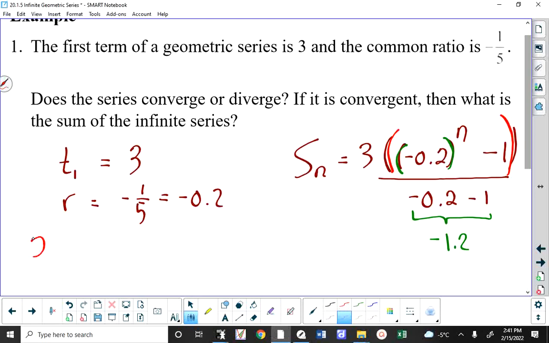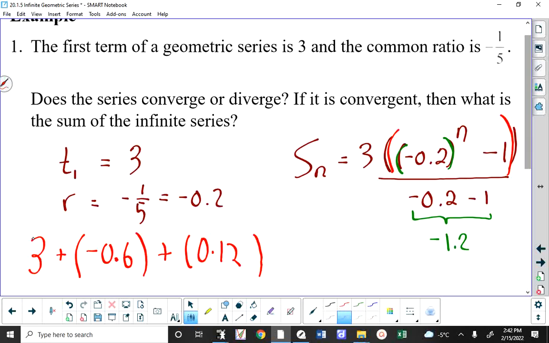And before I go on, maybe we could just check something out here. The first term is 3. The second term will be 3 times negative 0.2, which I believe is negative 0.6. Am I right? Is 3 times negative 0.2 negative 0.6? Okay. The third term would be negative 0.6 times negative 0.2, which I believe is 0.12, but I would like some confirmation on that.